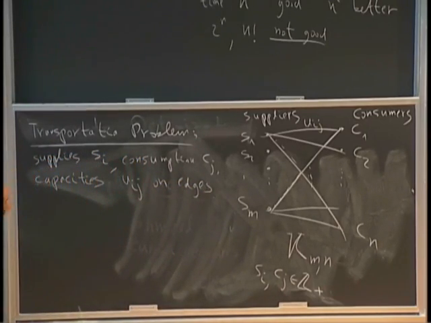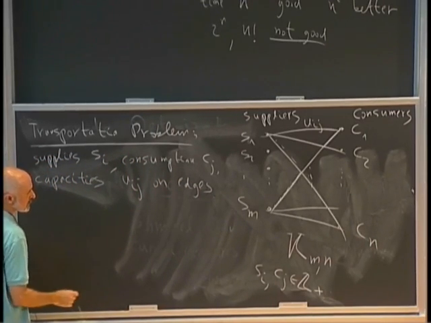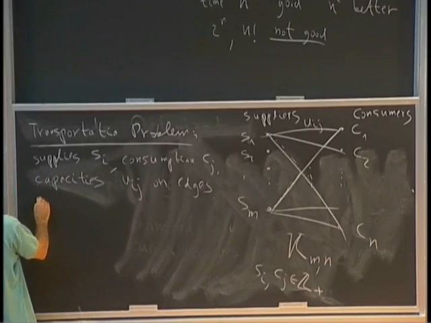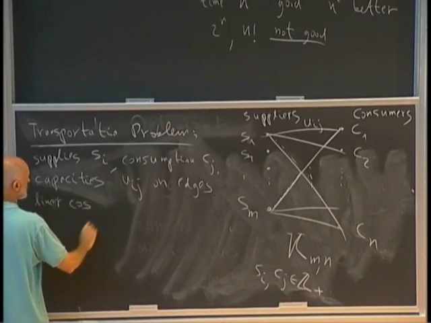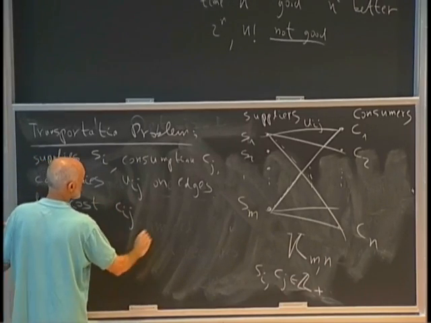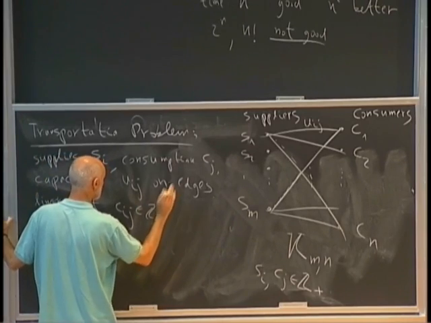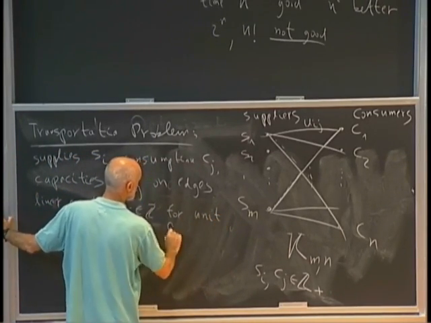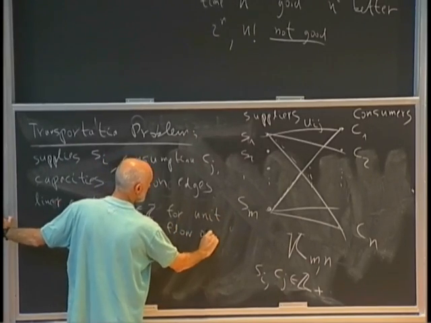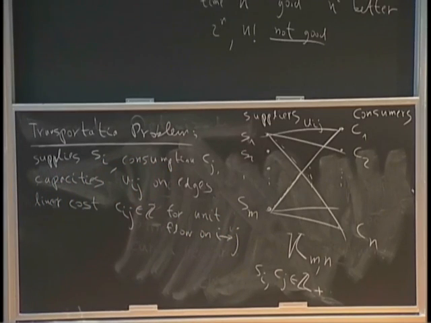And then there's a linear objective, linear cost, cij, again in Z plus, or that doesn't have to be plus, for unit flow from i to j.